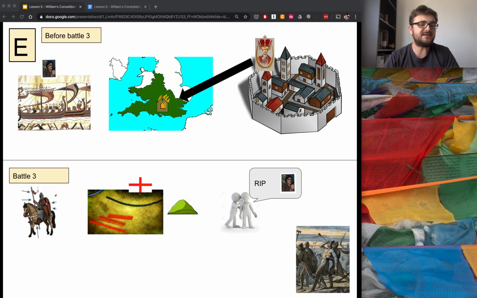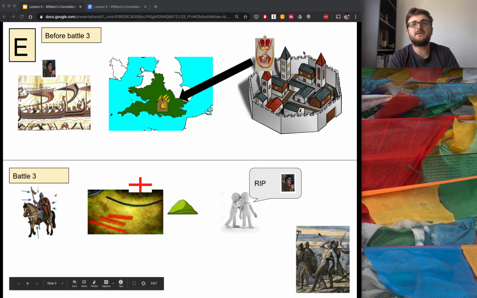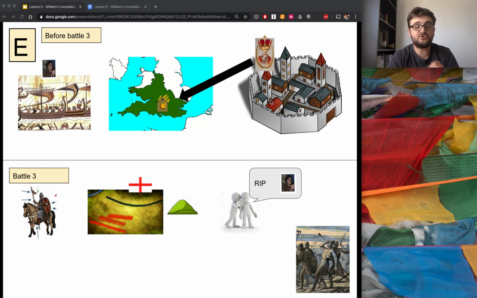Now, what William did is he landed in the south of England and started to destroy much of Wessex, Harald Godwinson's former earldom. And he did this because Harold had taken cover in the walls of London, a strongly fortified area that should be really difficult to attack.